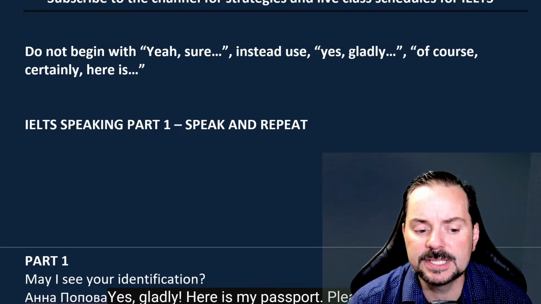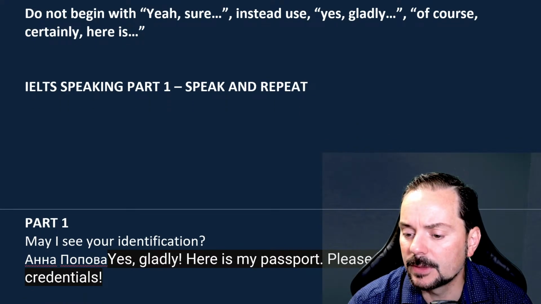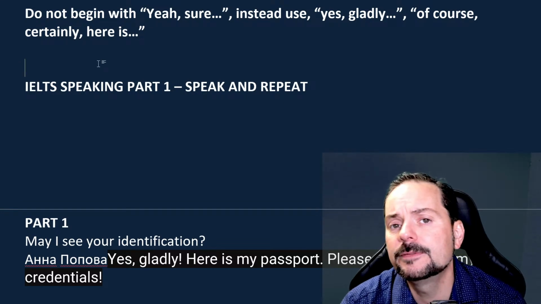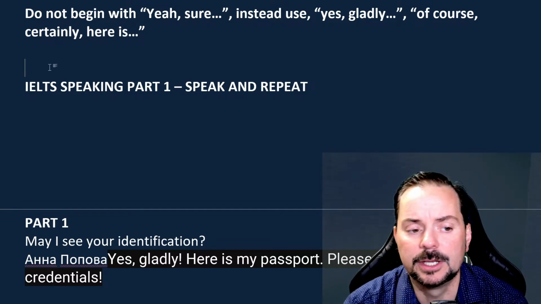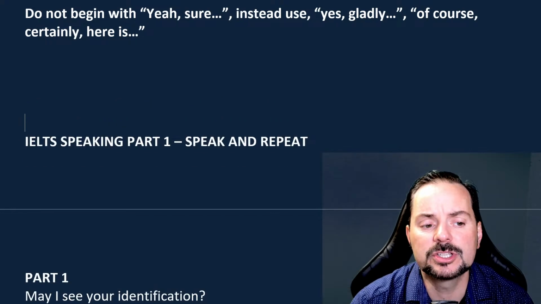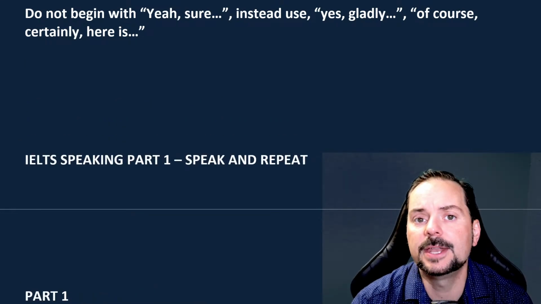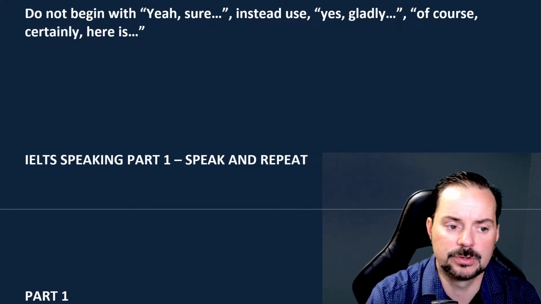Okay, so Nipa says that "yeah, sure" sounds too informal. And that's part of the reason, absolutely, Nipa. The IELTS speaking test is a combination of formal and informal English, okay?